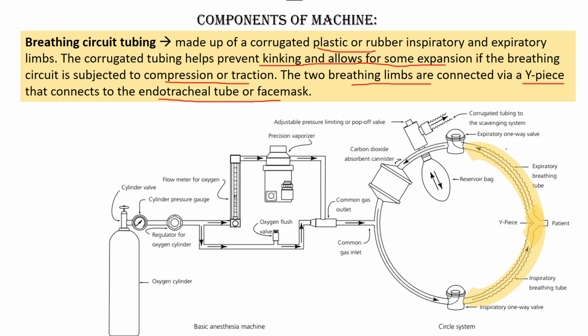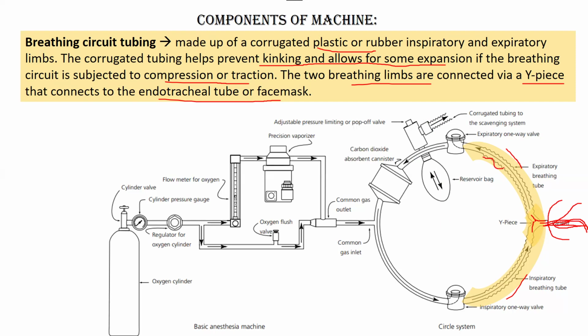That basically we have this expiratory limb and this inspiratory limb, which is connected to a Y-shaped tube. And this portion is either connected to the face mask, in which the mouth of the animal is placed, or it is connected to the endotracheal tube that is then inserted into the patient's trachea.